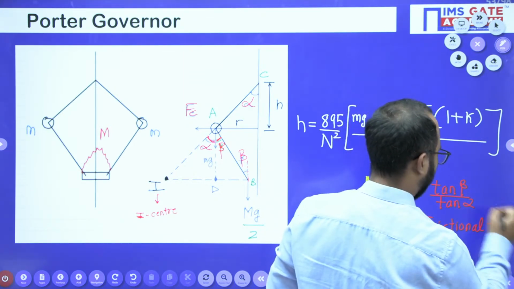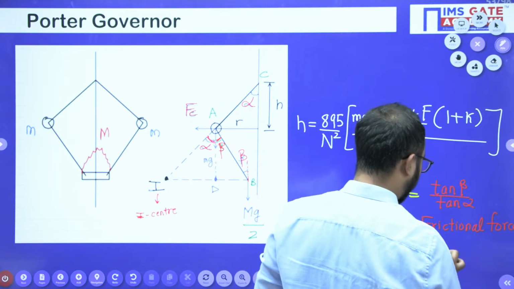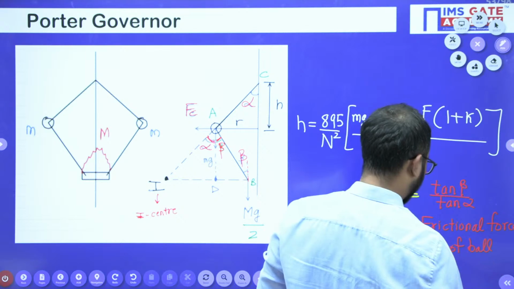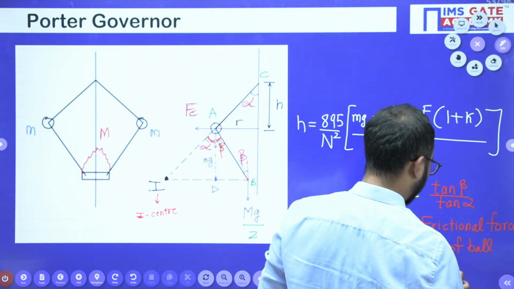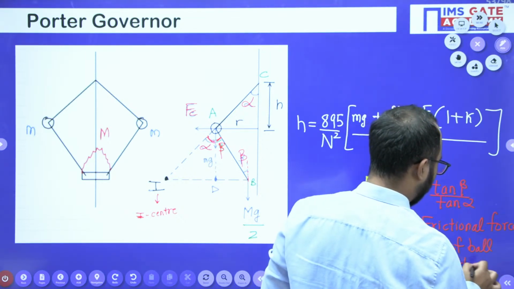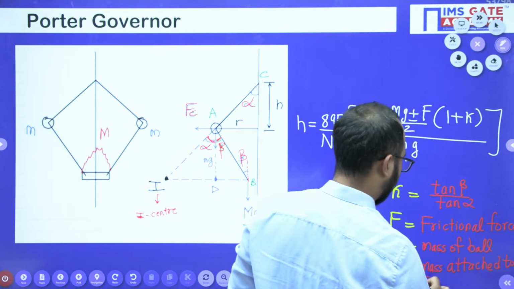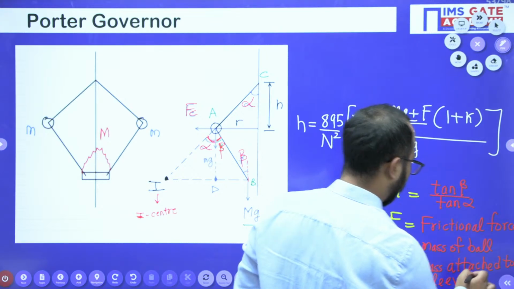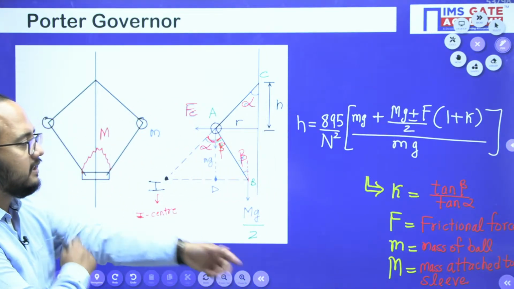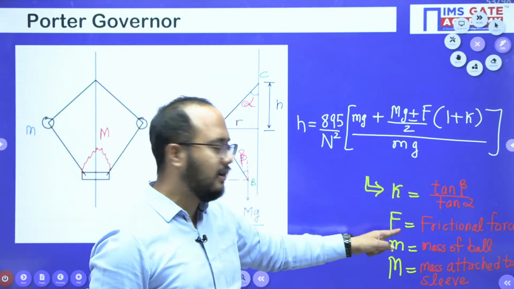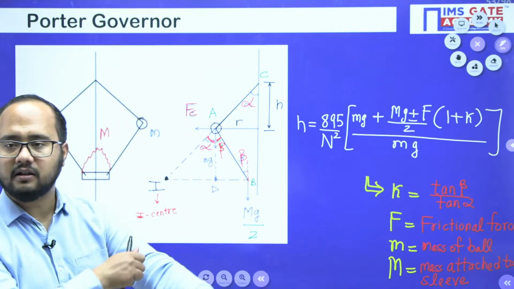Small m, mass of fly ball, or simply mass of ball, you can say. Capital M, mass attached to sleeve, right? So this is the K value, K equals tan beta by tan alpha. You have to check whether beta and alpha are there or not.